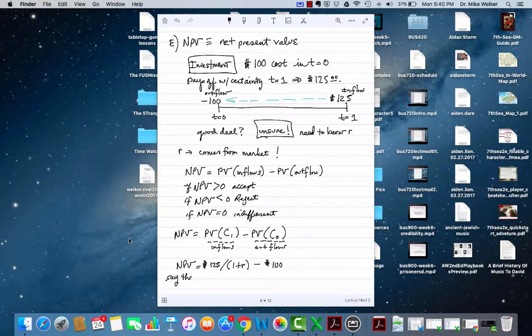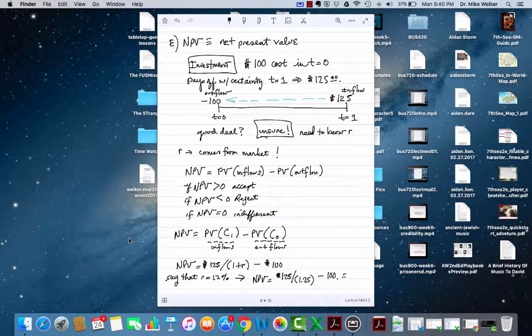So let's say that R is equal to 12%. So the net present value in such a situation would be 125 divided by 1.12, minus 100. That's 111.61 minus 100.